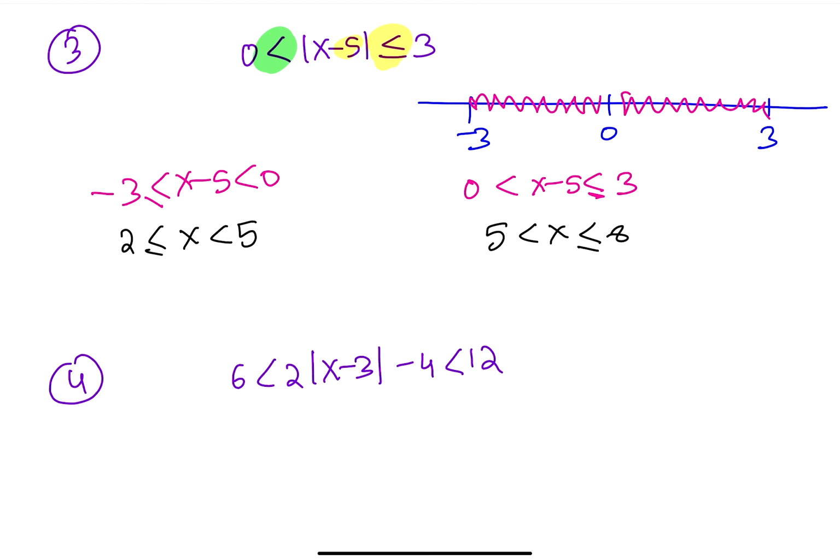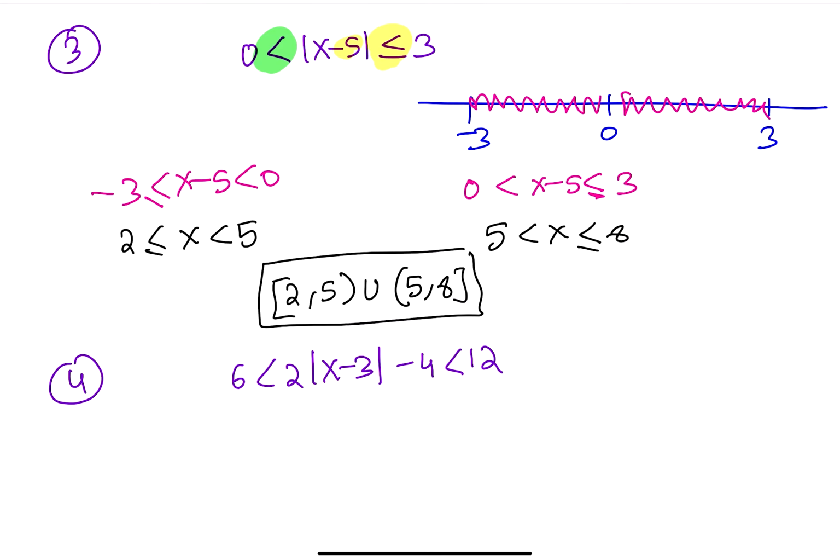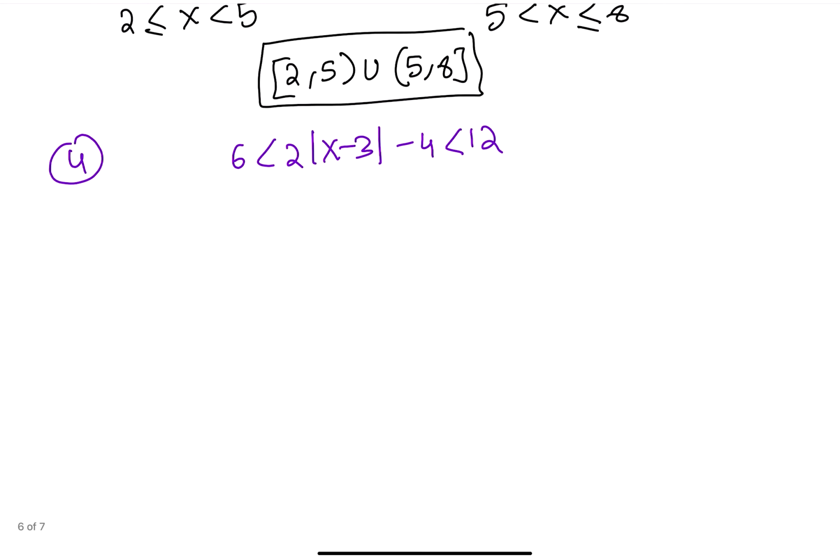So it looks like the solution is between 2 to 8, but not including the 5. So the solution in interval notation would be bracket around 2, to 5, union parentheses 5 to 8, and bracket around the 8. Let's see one more example.